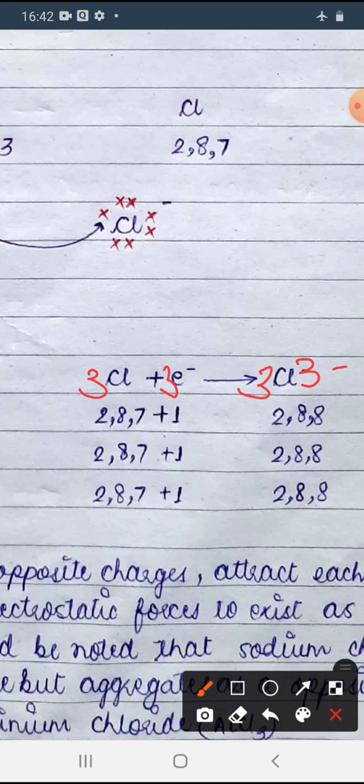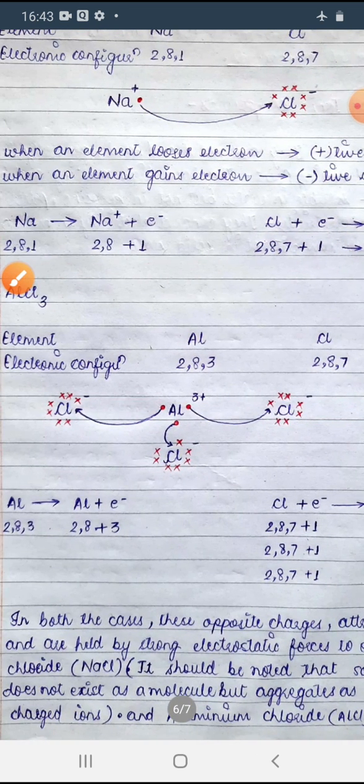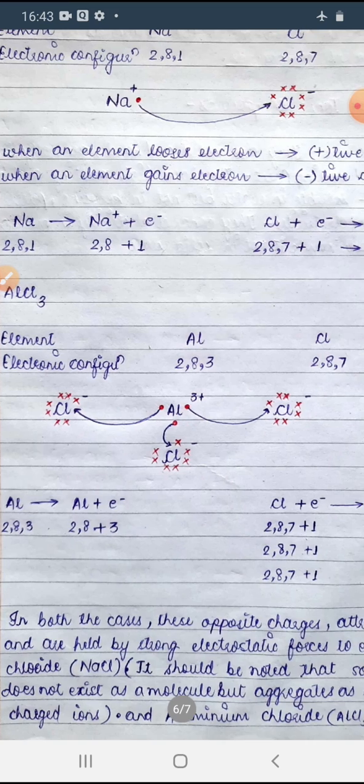So the electronic configuration will be 2, 8, 7 plus 1, that is 2, 8, 8 for each chlorine. In this way, the electronic configuration of chlorine will be satisfied. So both aluminium and chlorine attain a stable electronic configuration, and they form a compound known as aluminium chloride, with the formula AlCl3.